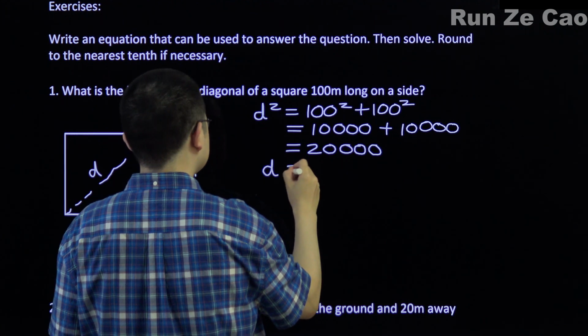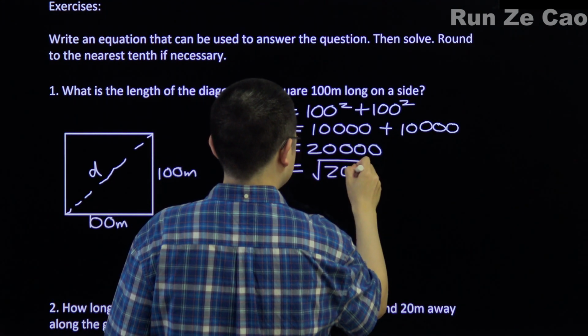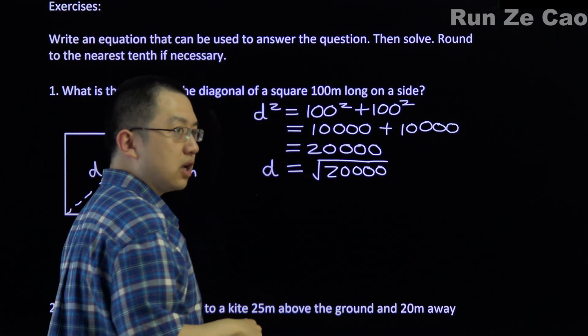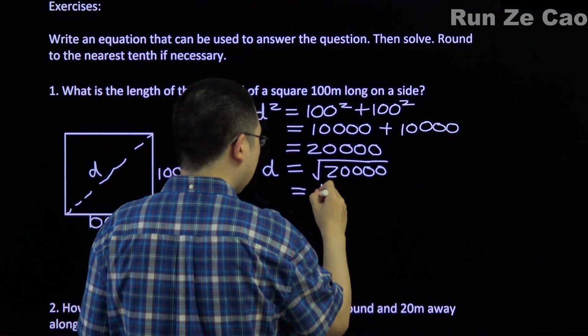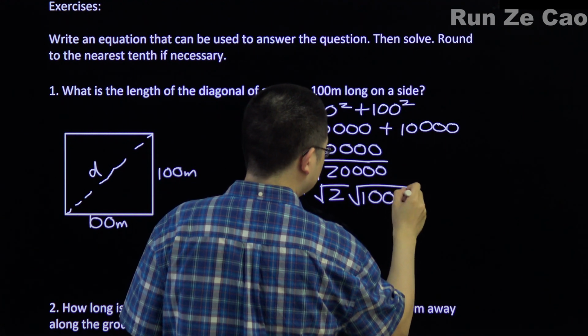Now d is equal to the square root of 20,000, also known as 100 times square root 2, because it's equal to square root 2 times square root of 10,000.